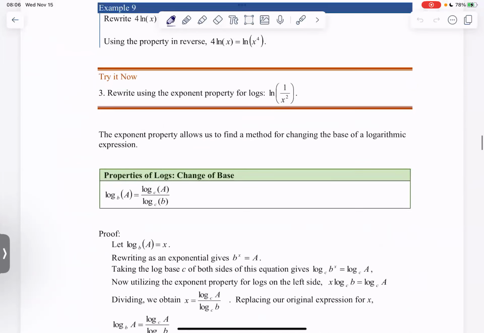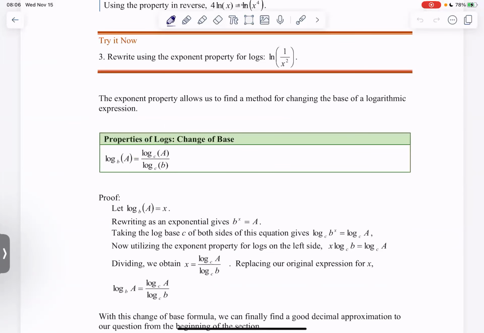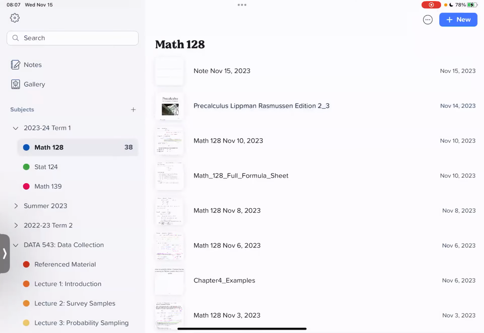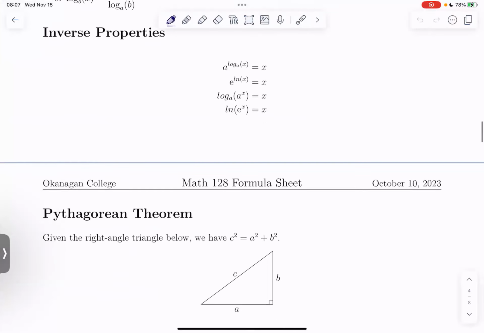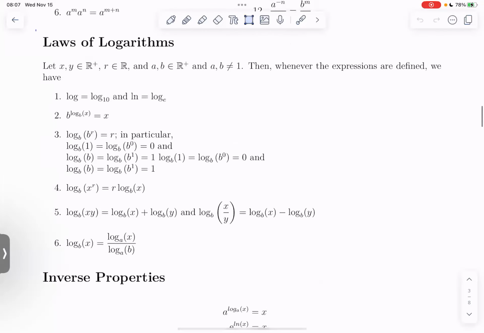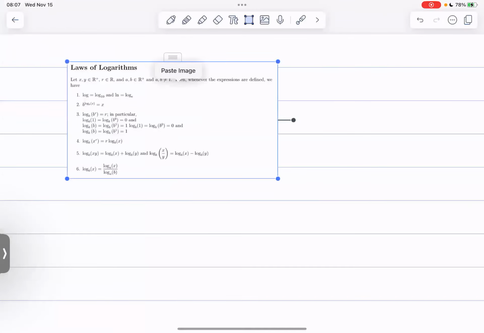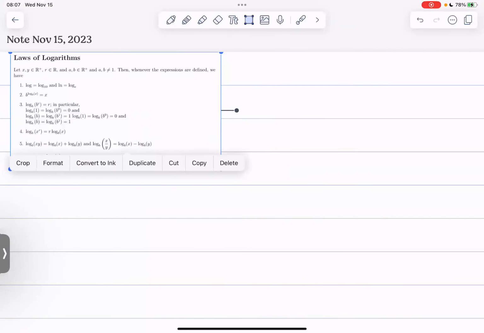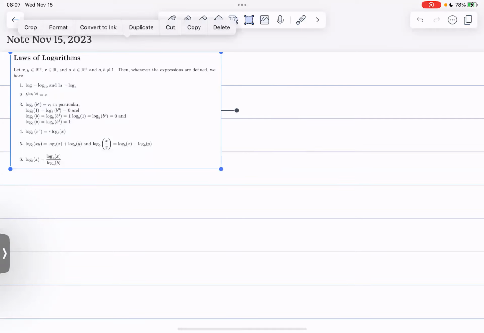We ended on change of base formulas, but you also have the formula sheet now finally. So you have these log laws, and maybe that's what I'll bring in. How's that for review? Just your formula sheet.